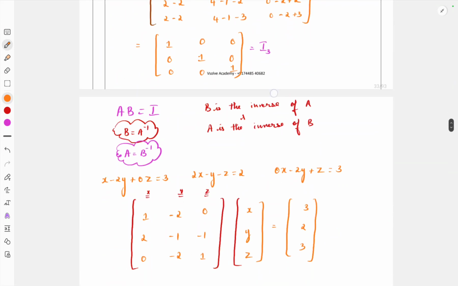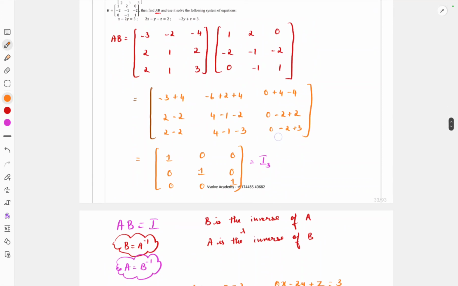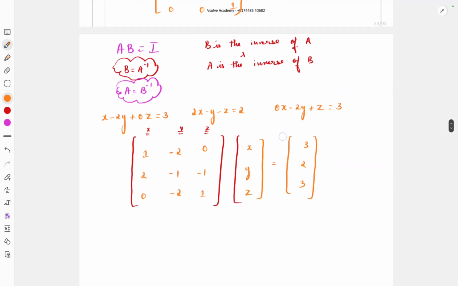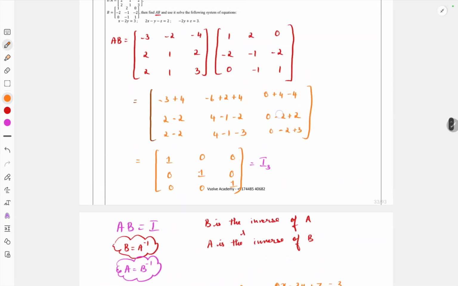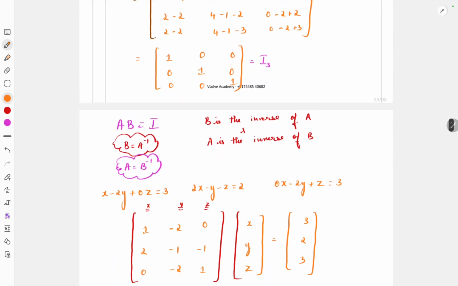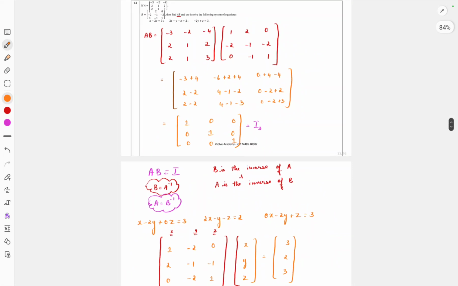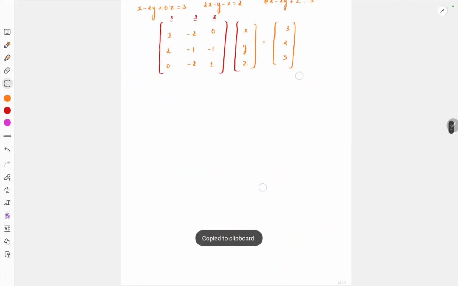After comparing 1, minus 2, 0, minus 2, minus 1, minus 2, minus 2, minus 1, minus 2, 0, minus 1, 1, we can compare with matrix B. So I will just copy this and paste here.